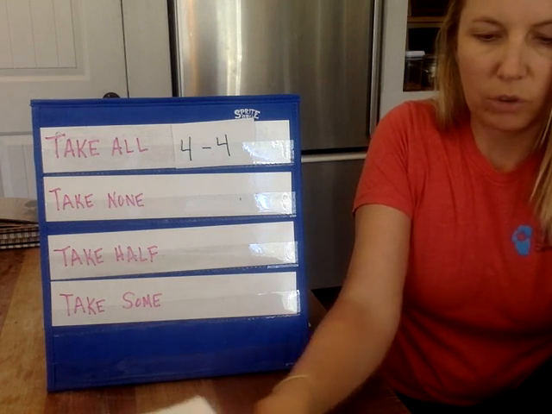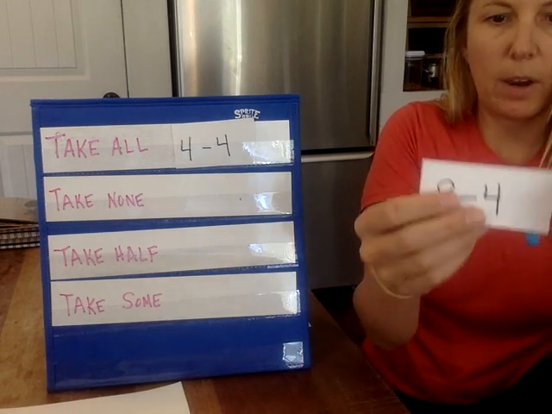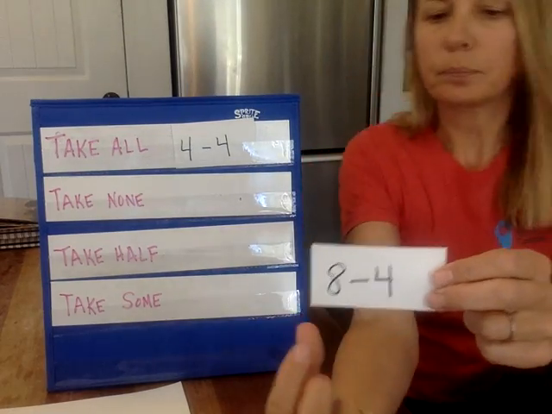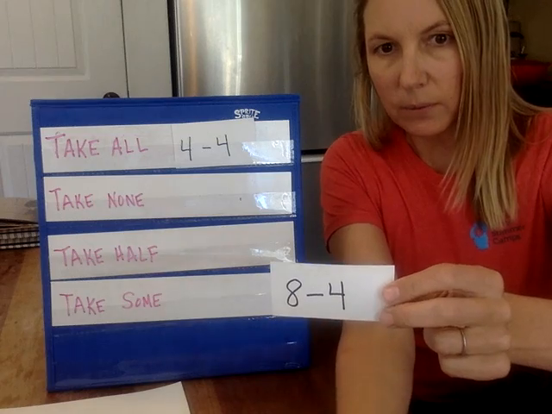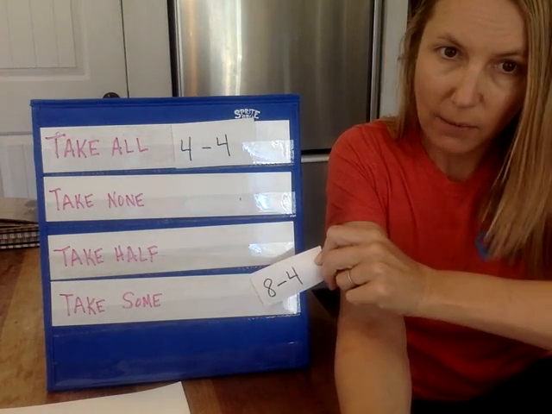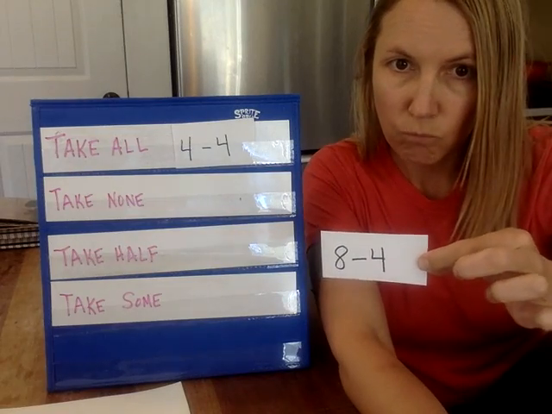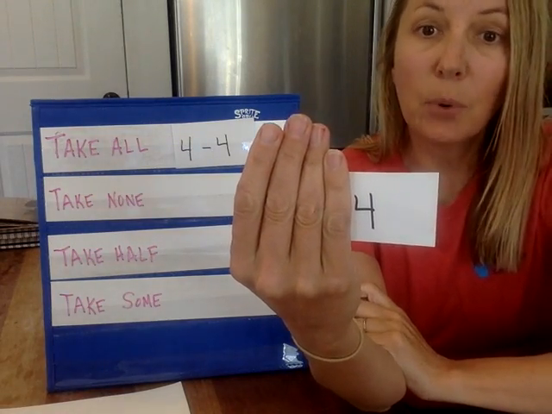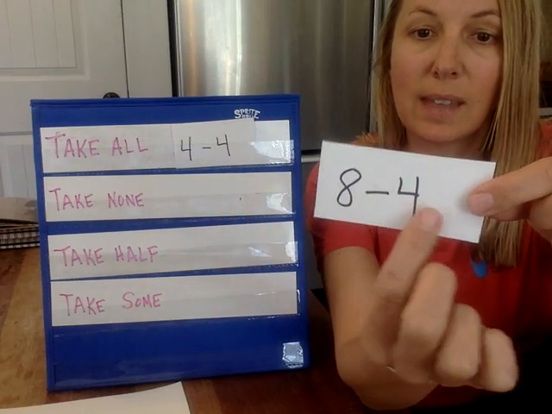Okay, shuffle, shuffle, shuffle. I'm going to take one. All right, here I have the fact 8 minus 4. 8, take away 4. Would you call that take all, take none, take half, or take some? Double 4s is 8.